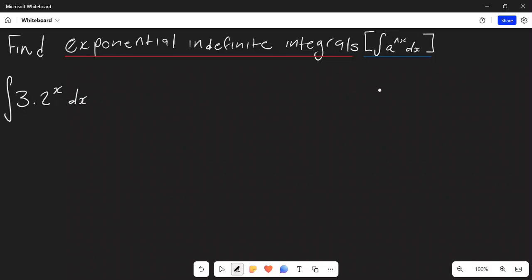So if you still remember, when we are given an exponent function, for example like this one, and then dx, our integral is going to be y equals a to the power of n multiplied by x, then n divided by natural log a, plus c. So this is going to be our formula. You're going to use this formula here.